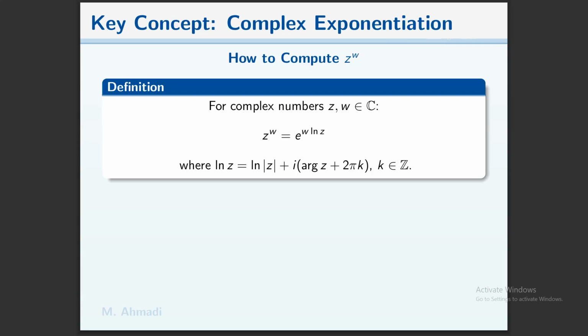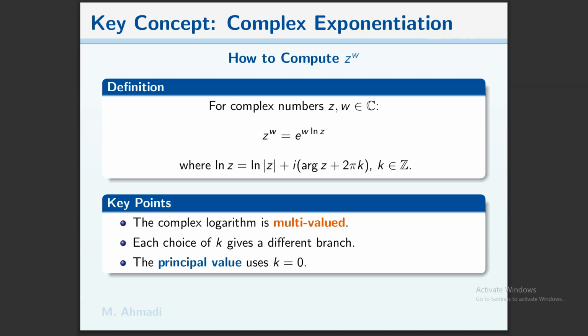How to compute z to the w. For complex numbers z and w, z to the w equals e to the w ln z, where ln z equals ln of the absolute value of z plus i multiplied by the argument of z plus 2 pi k, and k is an integer.